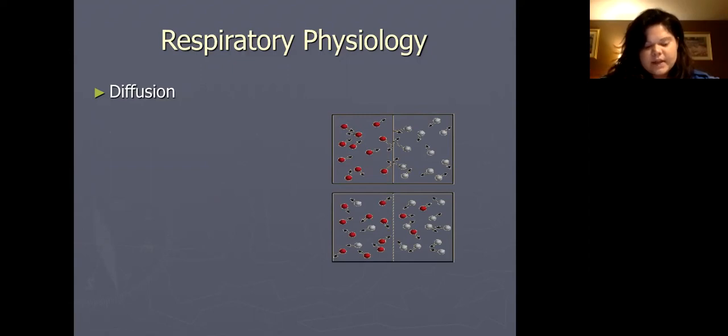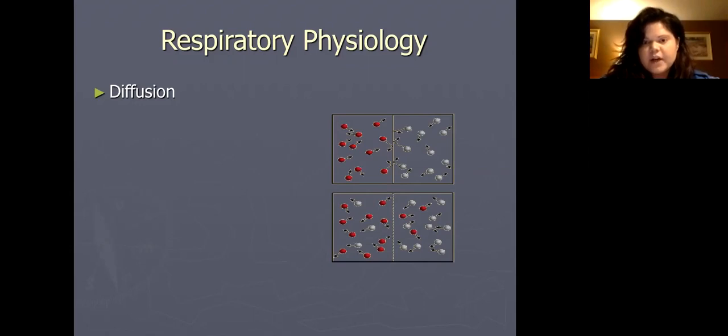And some of the main ways that that occurs, one of the ways is with diffusion. And that's just the process by which different molecules, as shown in the image, are going to be intermingling as a result of kinetic energy. And it's just a way that they kind of mix.